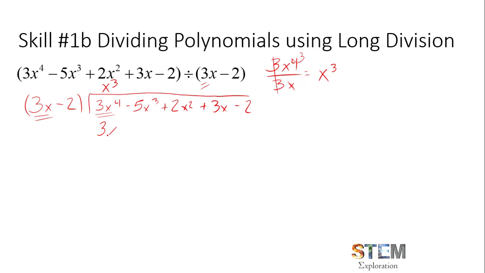So that'll give us 3x to the 4th. This matches up. This is exactly what we have to have happen so that they cancel. And then we're just going to deal with everything else as however it falls through. So x cubed times negative 2, that's going to give us negative 2 times x to the 3rd power.